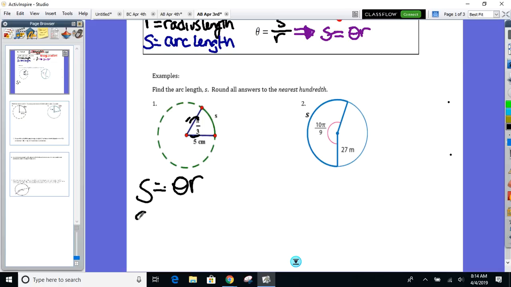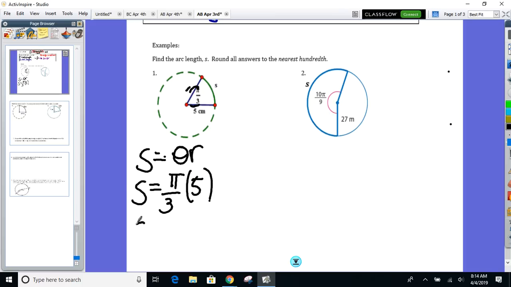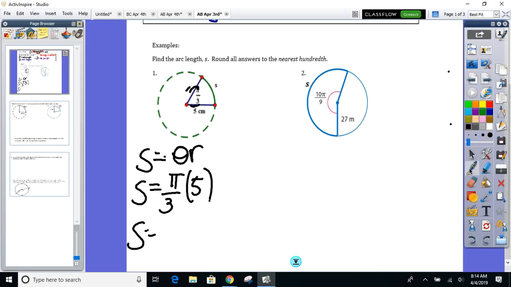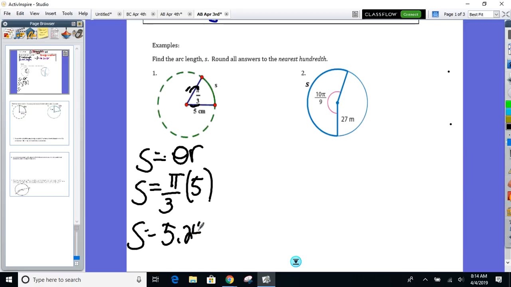So S equals theta, which is pi over 3, times my radius, which is 5. And if you look at the directions, round to the nearest hundredth. Calculate that on your calculators, and S will be equal to 5.24. And like I've been preaching all unit, the original diagram had units, so does your final answer, 5.24 centimeters.